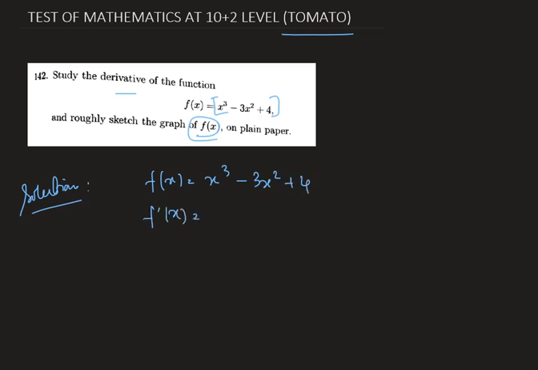Therefore, f prime x is 3x squared minus 6x, which results in 3x multiplied by x minus 2.